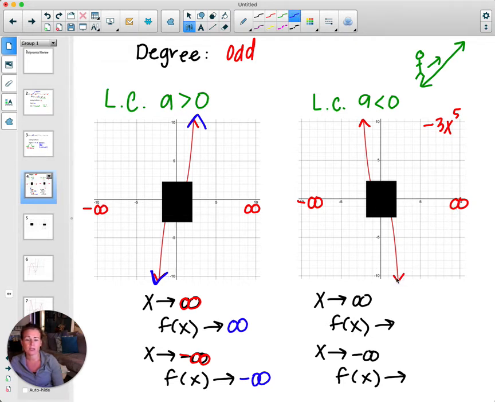Well, your actual line is down here. Okay, so at x equals infinity, the graph is way down at negative infinity. As x's go towards negative infinity, where's your graph going? Well, your graph is going up over here. Okay, so going up to positive infinity. So that's called the end behavior.